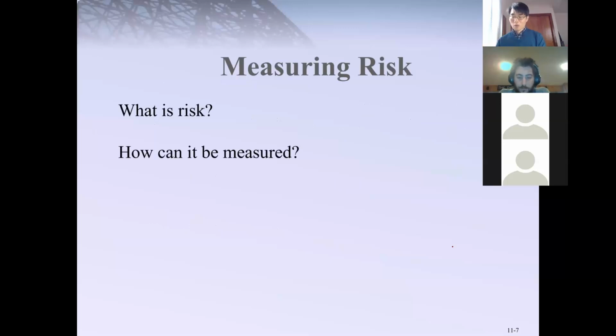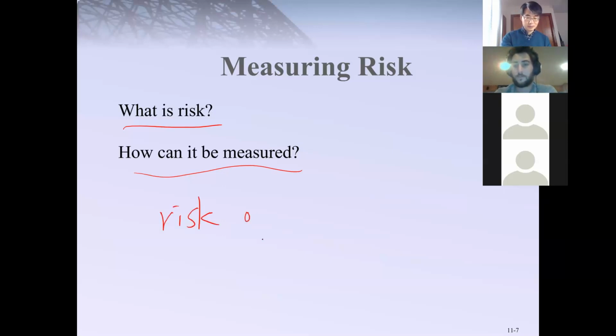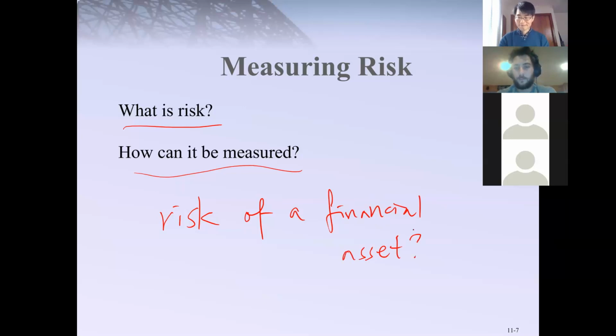So what we have to talk about is the concept of risk, right? What is risk? How can it be measured, right? Can anyone tell me exactly how we measure the risk of a financial asset? Do you guys remember? Let's start from here.